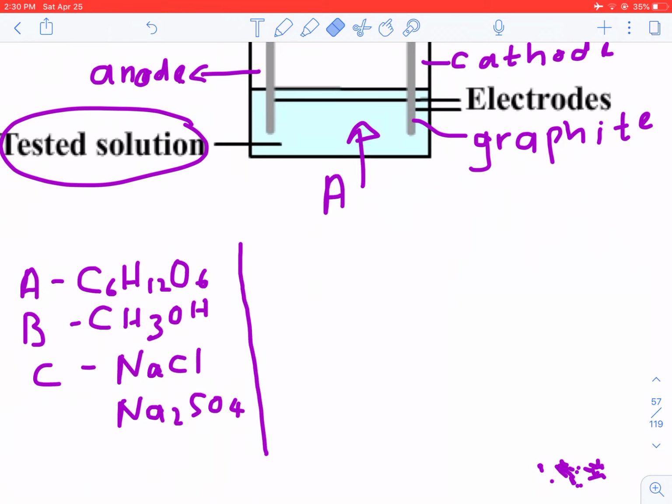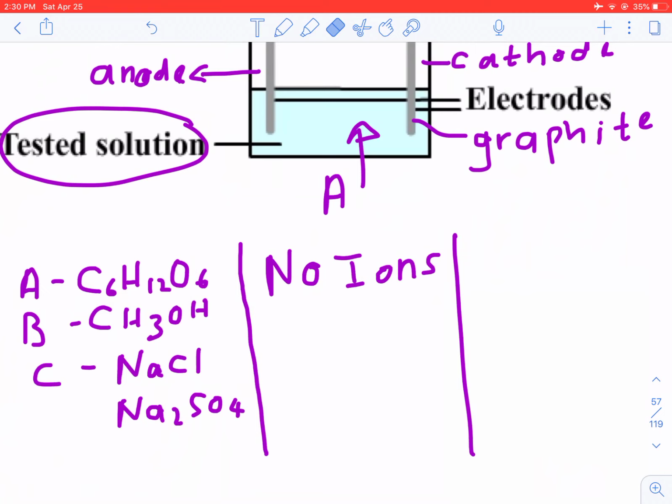So from there we say, okay, there are no ions. Remember, in an electrolyte, for there to be conductivity, there has to be ions.